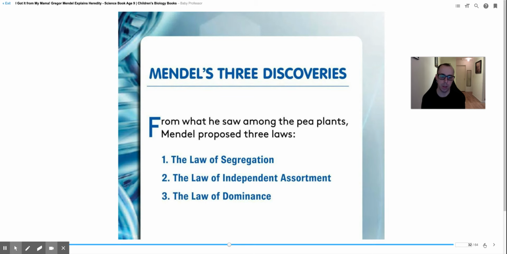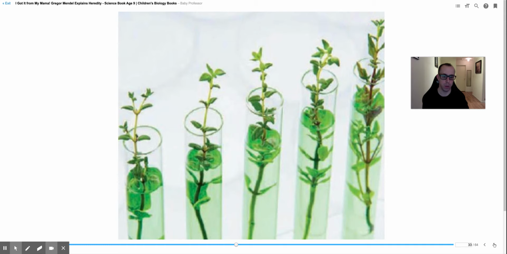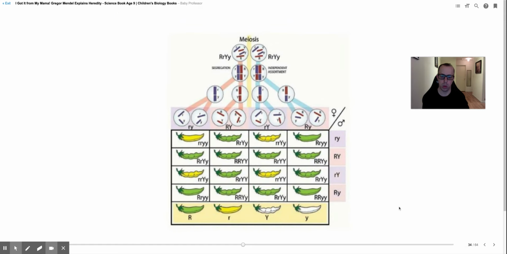And the law of independent assortment reinforces this. You would get a combination of traits, and then the law of dominance, meaning dominant traits generally come out 3 out of 4 times. And this picture sort of reinforces the law of independent assortment. The way that they are assorted, the traits are independent of each other, and you can get a combination of traits.